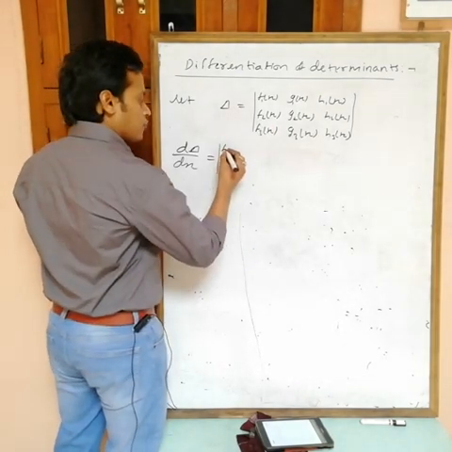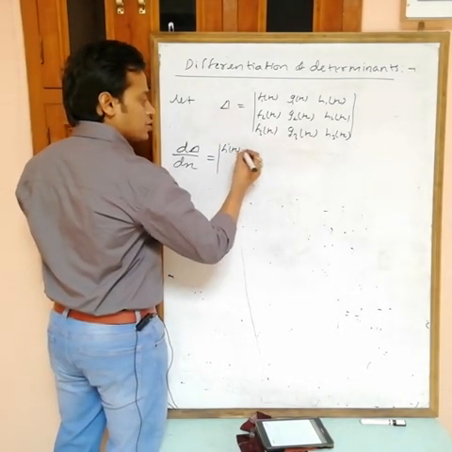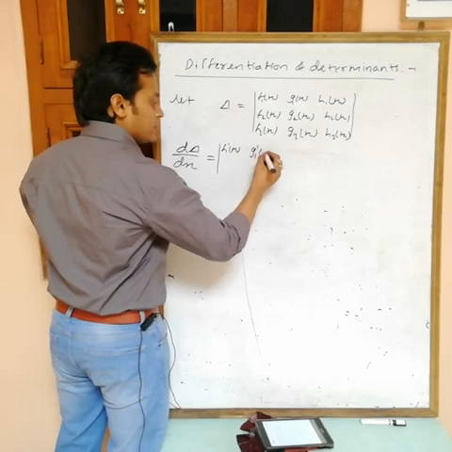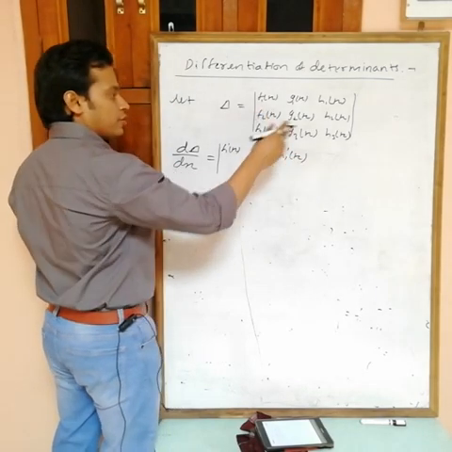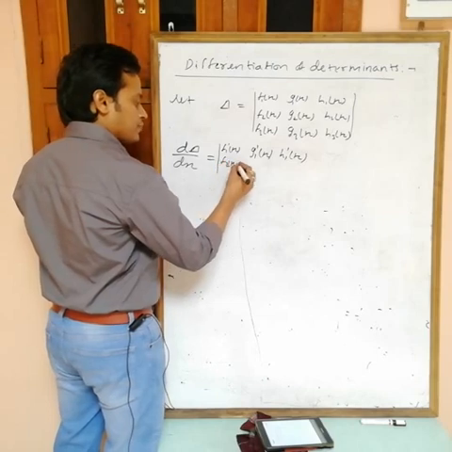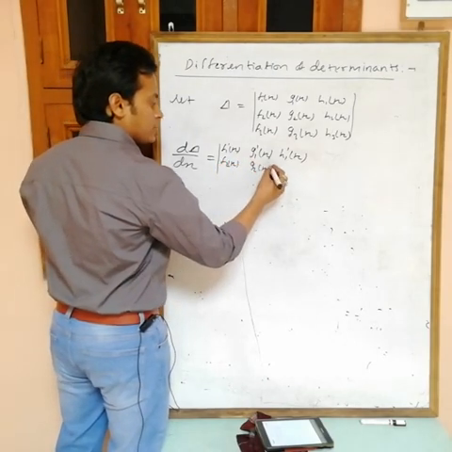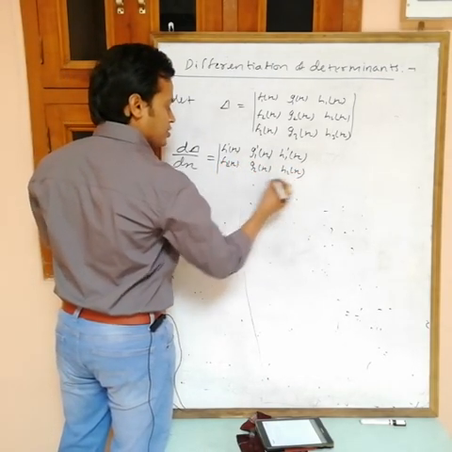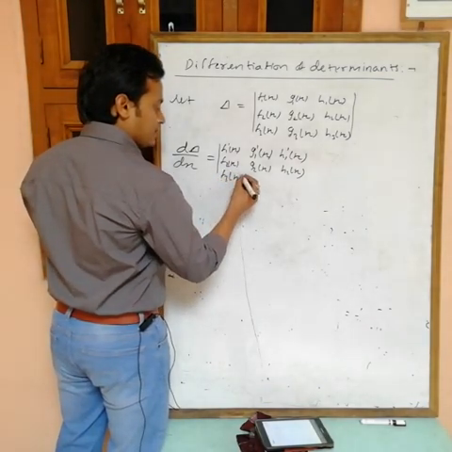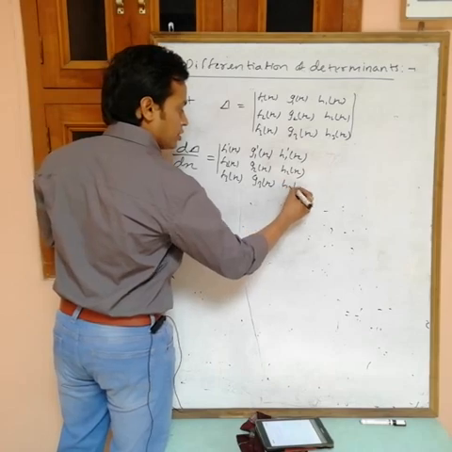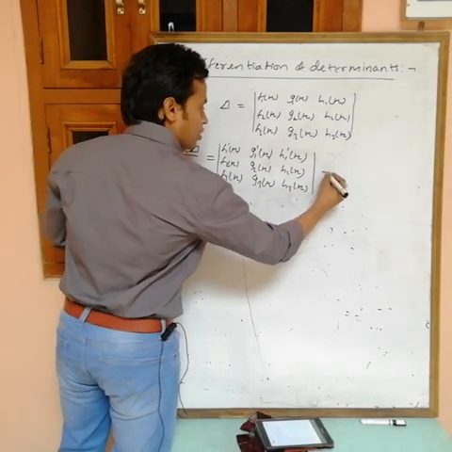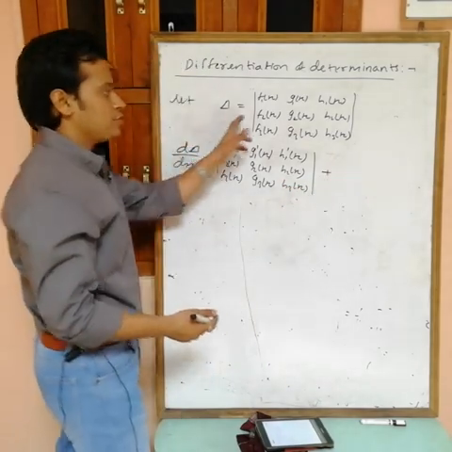So the derivative can be written as, first I differentiate the first row: f1 dash x, g1 dash x, and h1 dash x. Now these two remain the same: f2(x), g2(x), h2(x), f3(x), g3(x), and h3(x). Next time I can differentiate the second row.